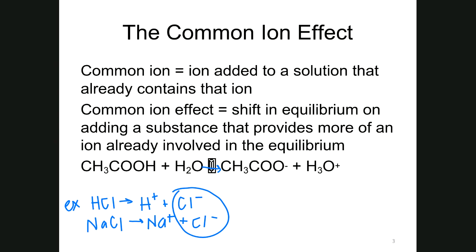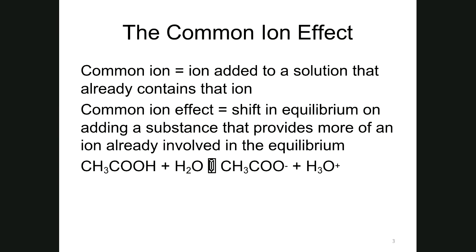So let's take a look at the example that's here with acetic acid. The common ion effect is usually looked at with weak acids, because they partially dissociate, and strong electrolytes. So the common ion effect is most often used with weak acids plus a strong electrolyte.